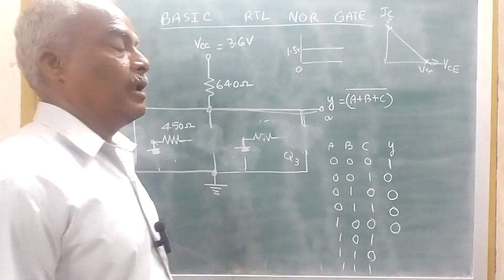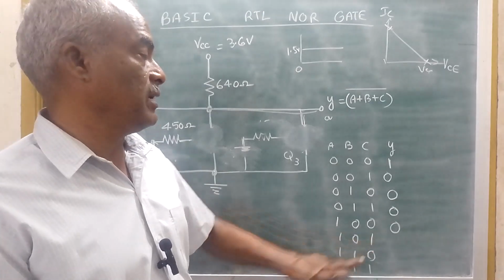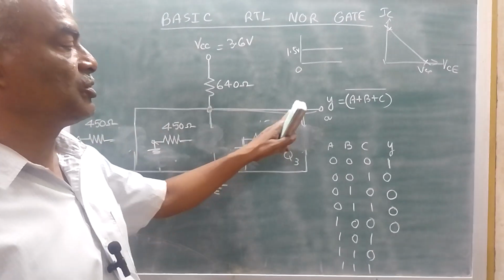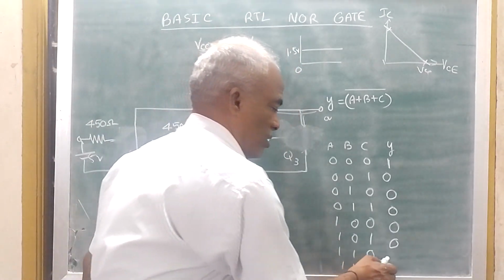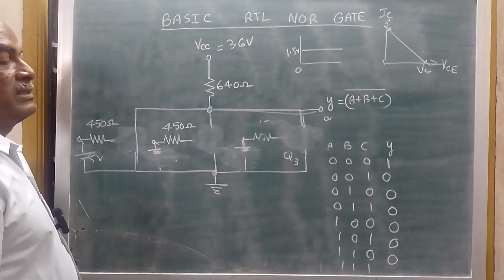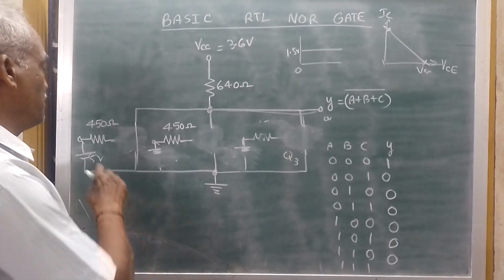Okay. Now, A and B, A and C, we are giving 1 as the input. That means 5 volts, 5 volts. So short circuit. So here also output is 0. Here also output is 0. Last case, all the three transistors are excited with plus 5 volts.